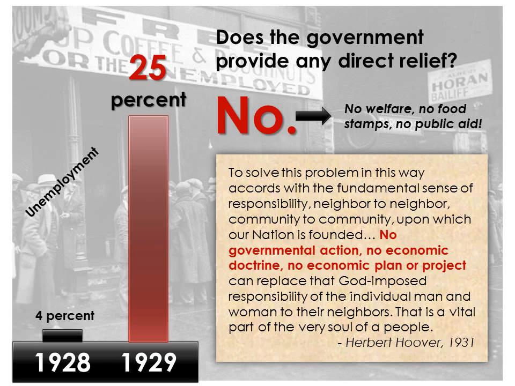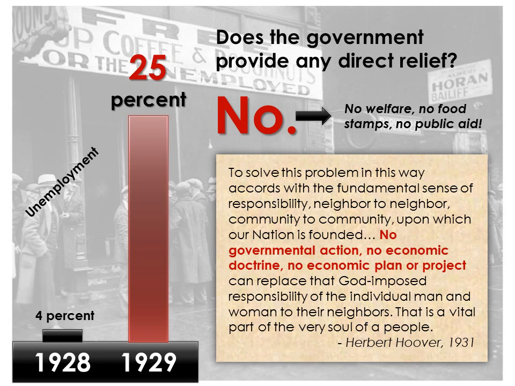And look at his words. This is 1931. The Depression is underway. "No governmental action, no economic doctrine, no economic plan or project can replace that God-imposed responsibility of the individual man and woman to their neighbors. That is a vital part of the very soul of a people."